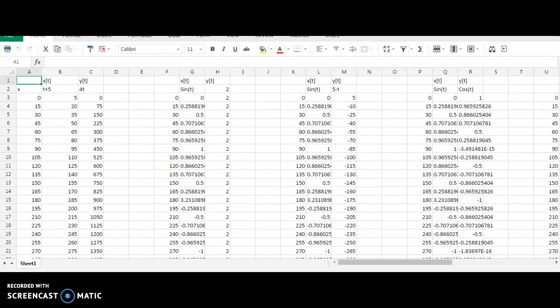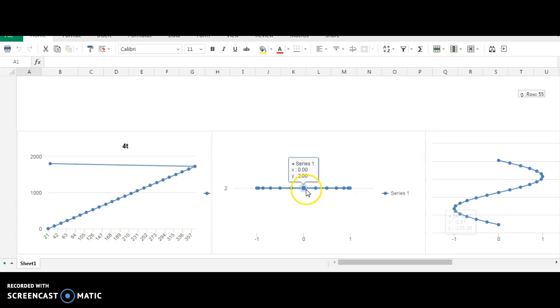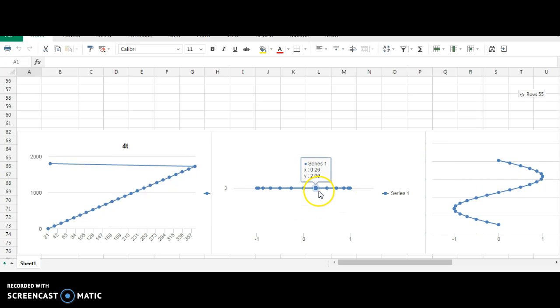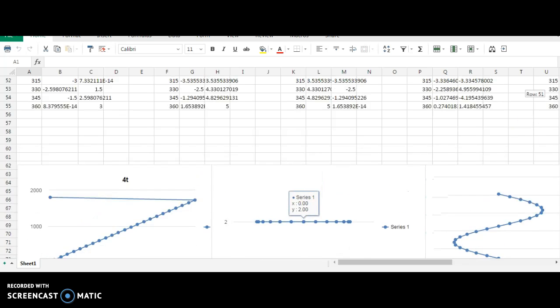So we are going up in 15, sine of 15, and then sine of 30, then 45, 60, and so on and so forth. And it will just keep moving on the same line, because we set y to be at the point 2, which means we are moving horizontally. We're bouncing back and forth horizontally.